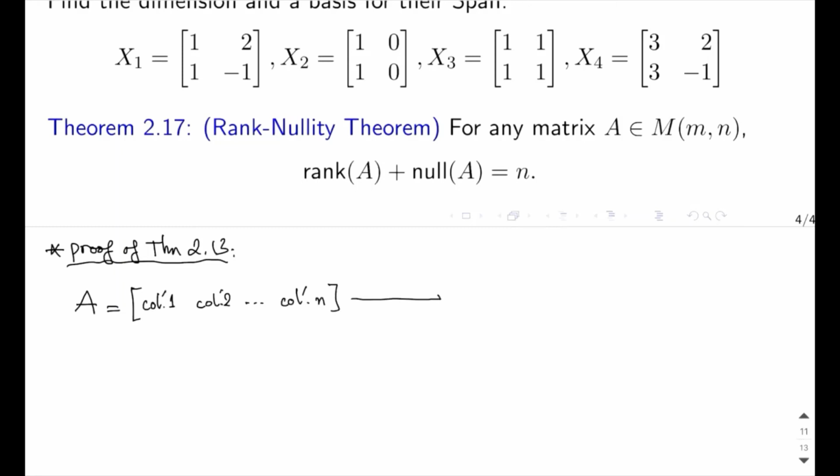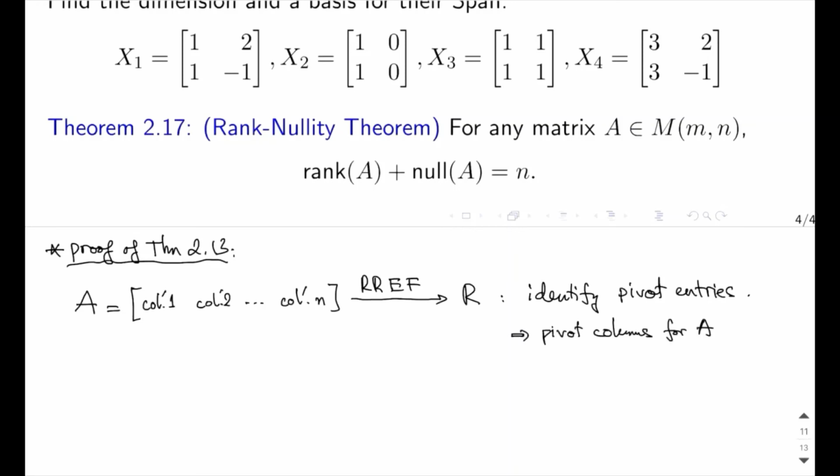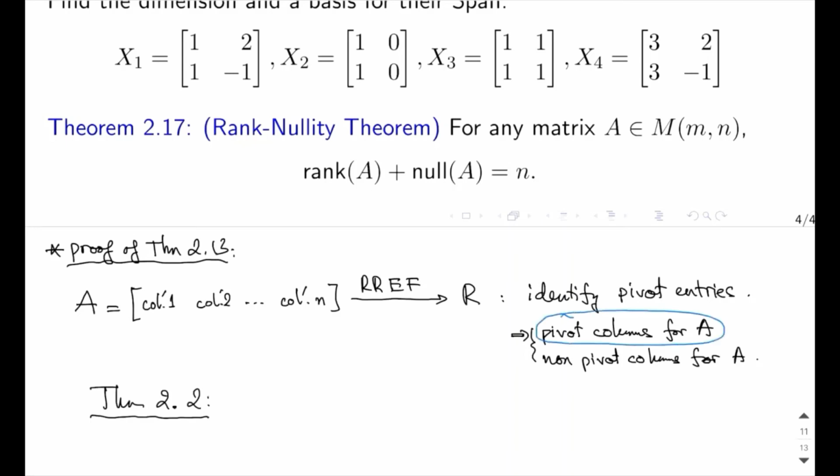If you row reduce it to a row reduced echelon form, you'll be able to identify the pivot entries. So you are going to get the pivot columns and the non-pivot columns. Now, theorem 2.2: the pivot columns of A are linearly independent, and the non-pivot columns can be expressed as linear combinations of the pivot columns.